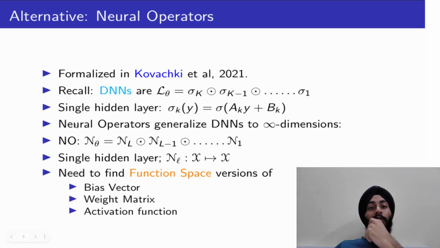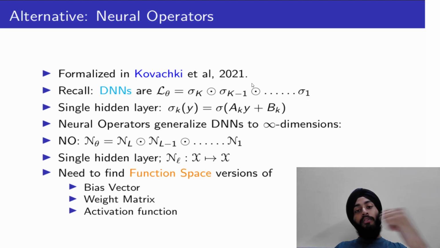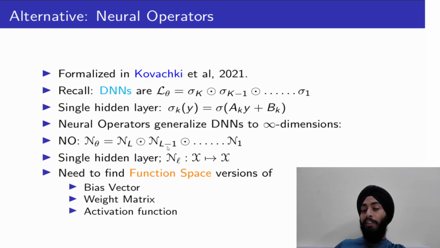So neural operators was something which was formalized in this paper by Kovachki et al. in 2021. The essence of it is that as neural networks expect discrete inputs, let's say a vector, what I want to do is generalize it to infinite dimensions.